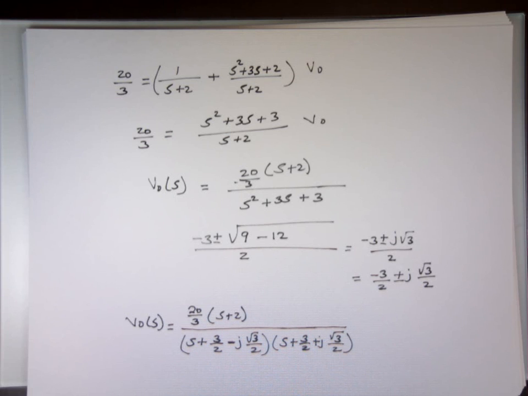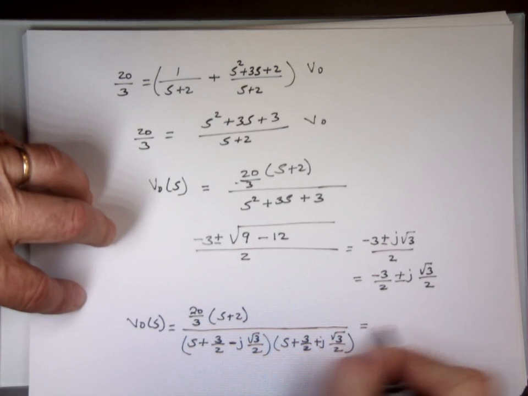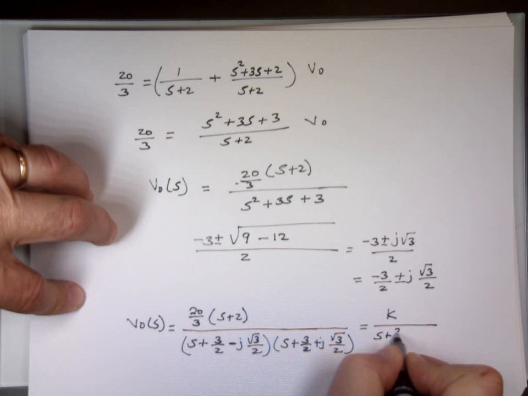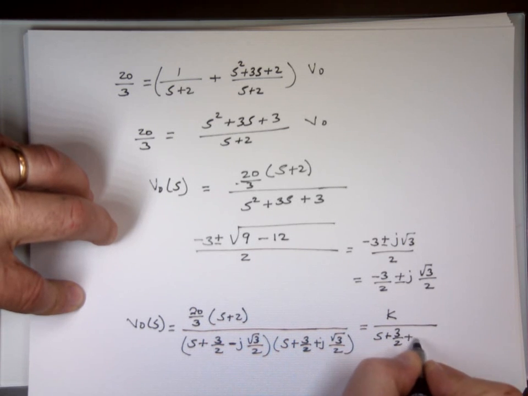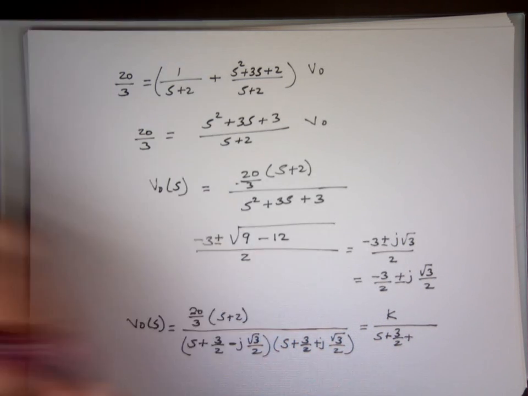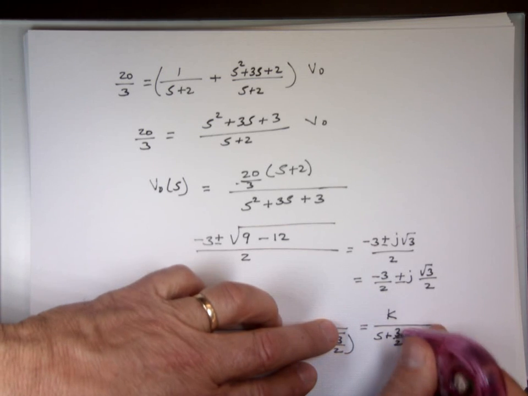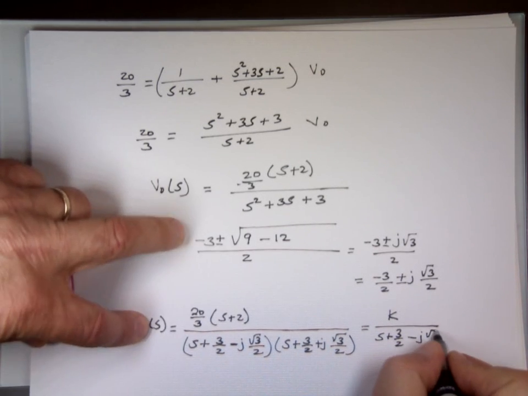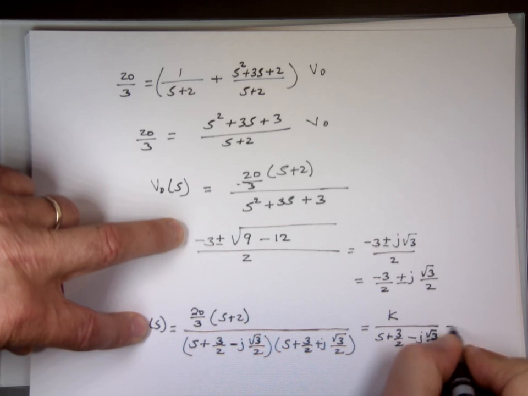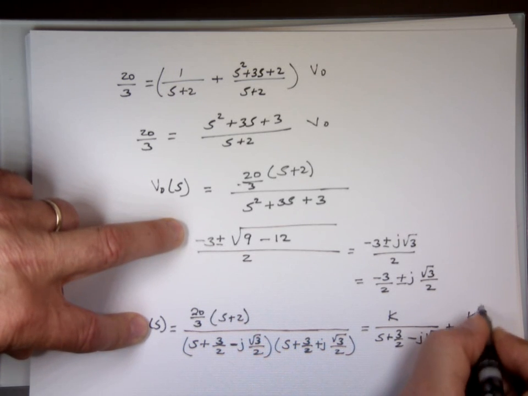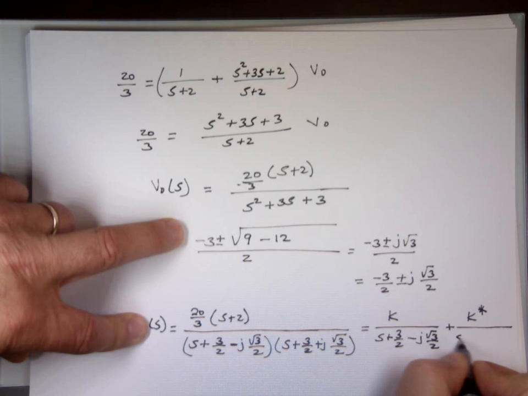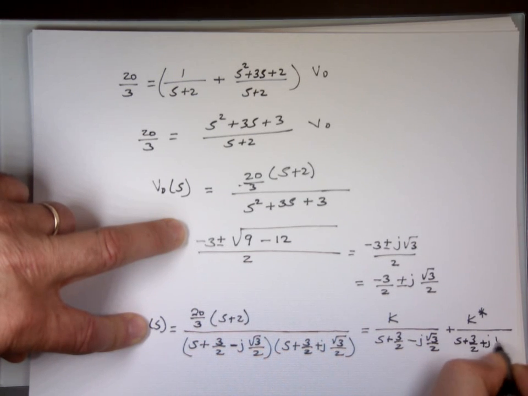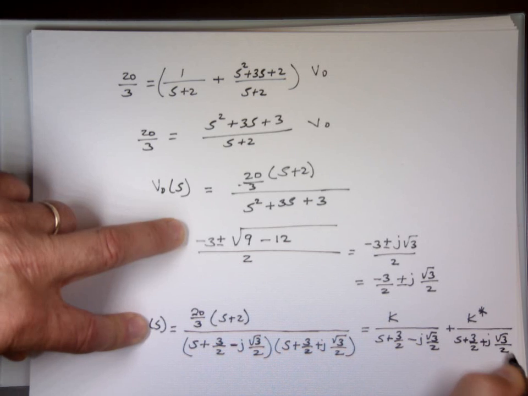K over the first one, that's a minus, minus j, K conjugate over S plus 3 over 2 plus j the square root of 3 over 2. And if I know what K is, we are done.